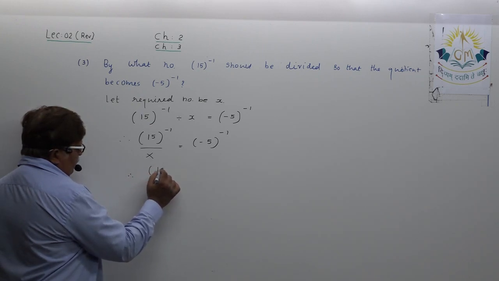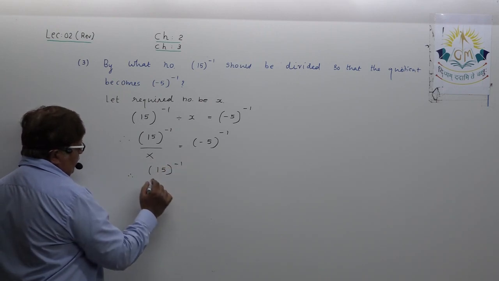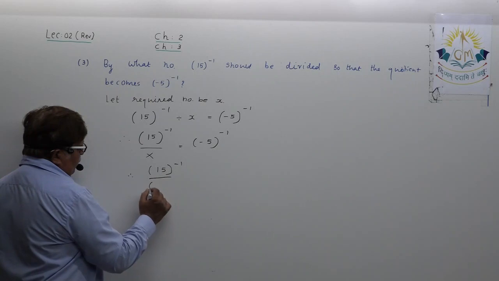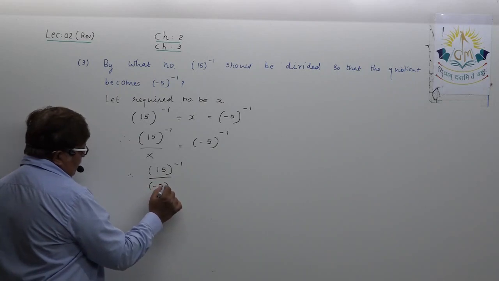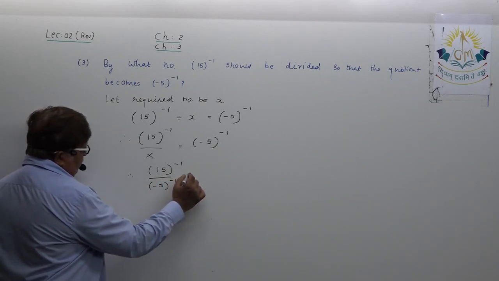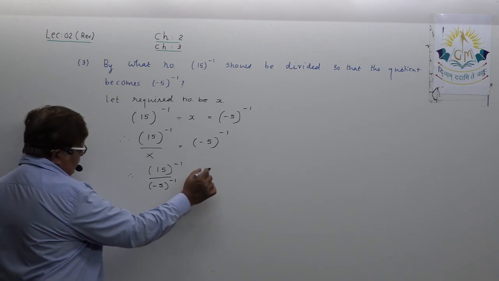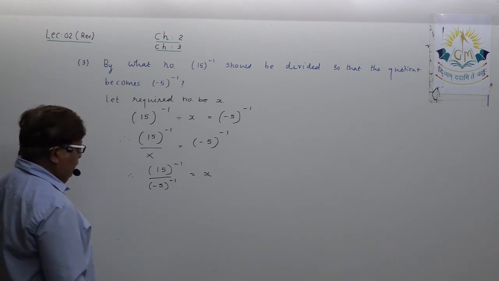So here, dear student, 15 raised to minus 1 upon minus 5 raised to minus 1 equals x.